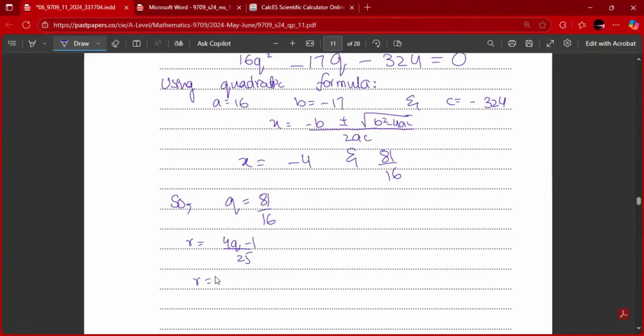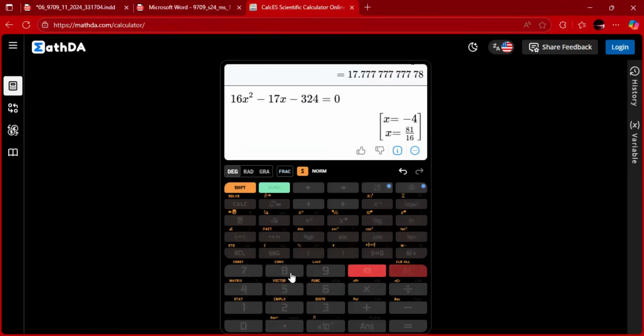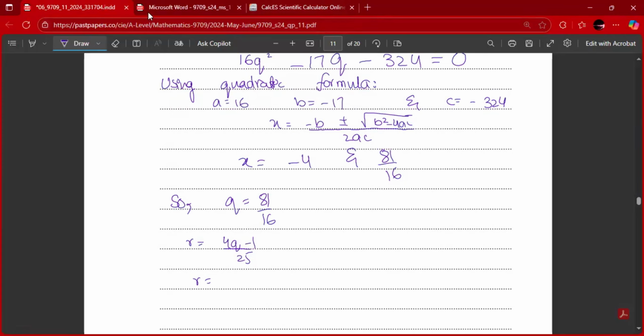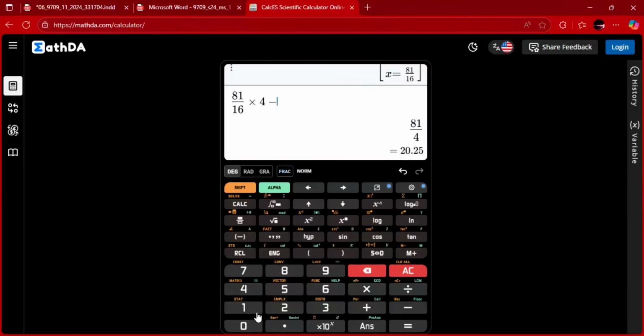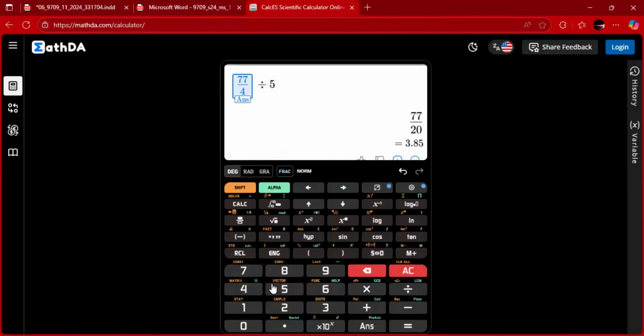So my r is equal to, calculator again, 81 over 16 into 4, which is 81 into 4 over 4, and then minus 1. I think I am doing something wrong. The answer is not divided by 3, it's divided by 25. Okay.